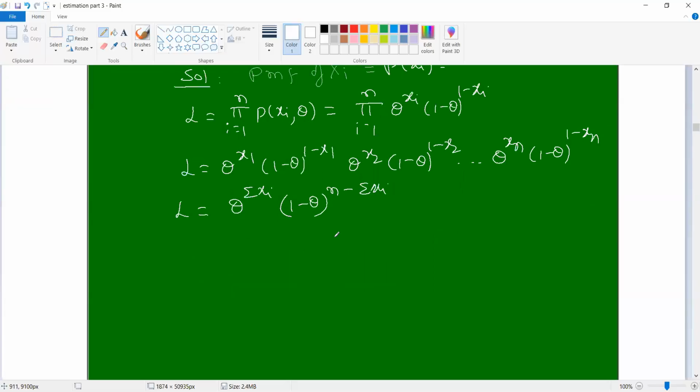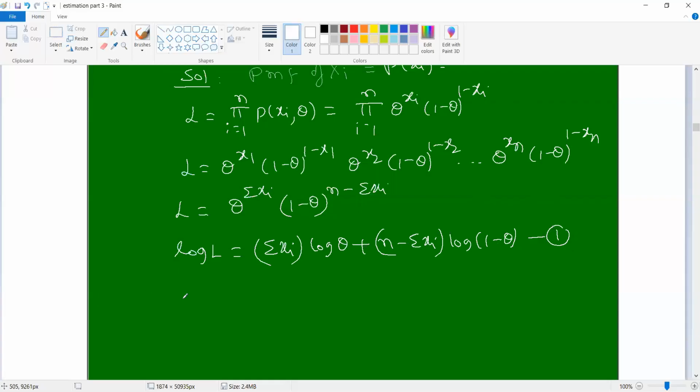Now immediately you have to apply the logarithm on both sides. Take logarithm on both sides. Log L is equal to summation xi into log theta plus n minus summation xi log 1 minus theta. Now this is equation 1.